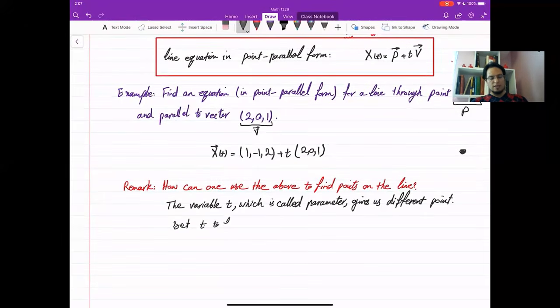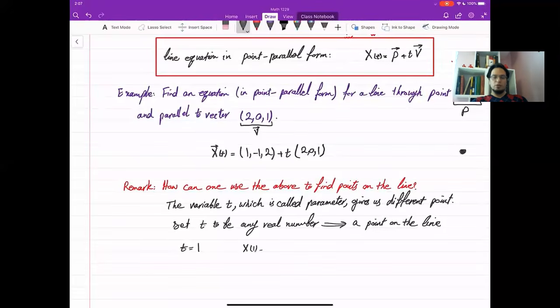How does this work? Set t, the parameter, to be any real number. Then plug it in the equation, do some vector operations, and you will find the position vector of the point.